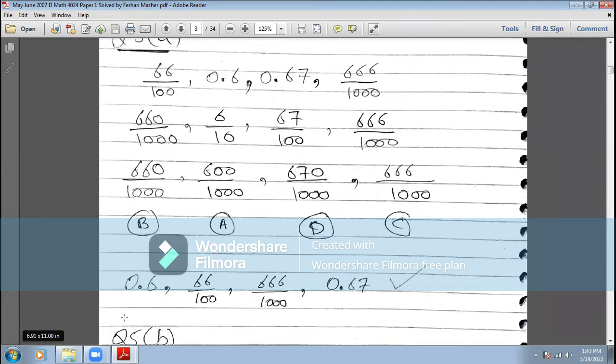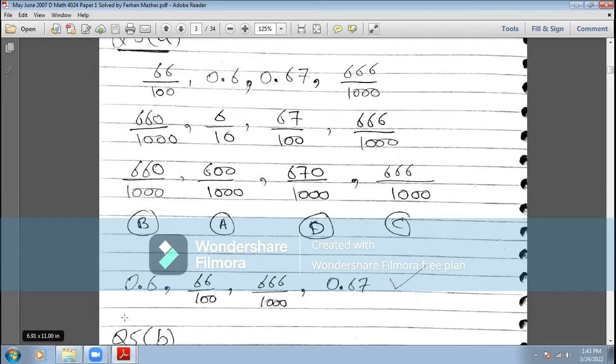First of all, I will convert them into fractions. I have the first fraction, and I multiply numerator and denominator both by 10, because I will try to make the denominator 1000 in all the fractions. So in the first fraction, I multiplied the numerator and denominator both by 10. That's why I wrote 660 divided by 1000.